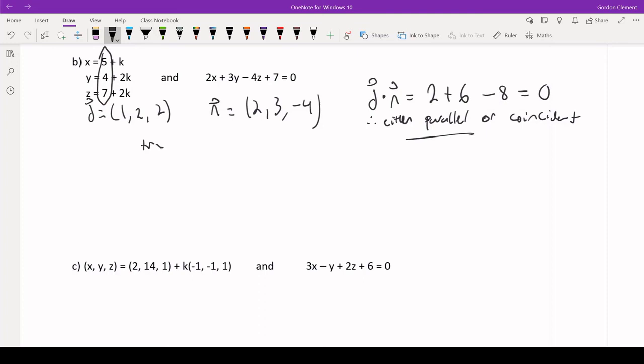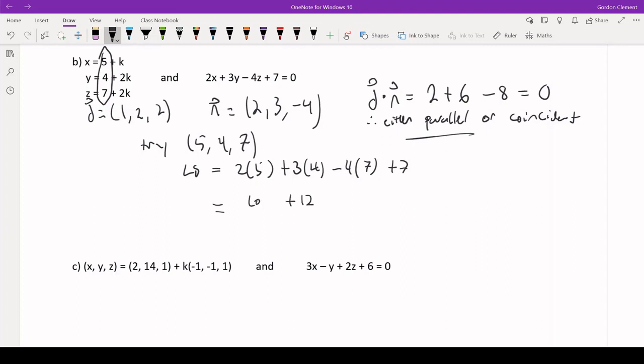So all we have to do is try 5, 4, 7 in the plane. So the left side is going to be 2 times 5 plus 3 times 4 minus 4 times 7 plus 7. 10 plus 12, take away 28 plus 7. And that looks like the positives are 29 and the negatives are 28.